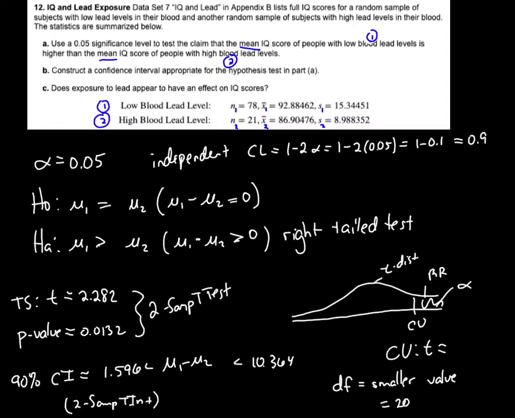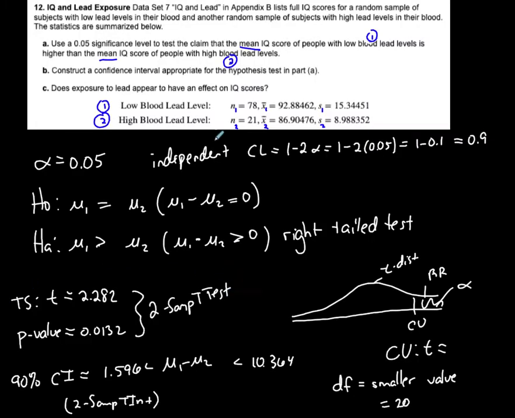The difference, subtraction. So if I were to go to the populations and take the mean or average of low blood levels in the population, and then the mean average in the high lead levels, and take the difference between those two values, that is what this represents for my possibilities.